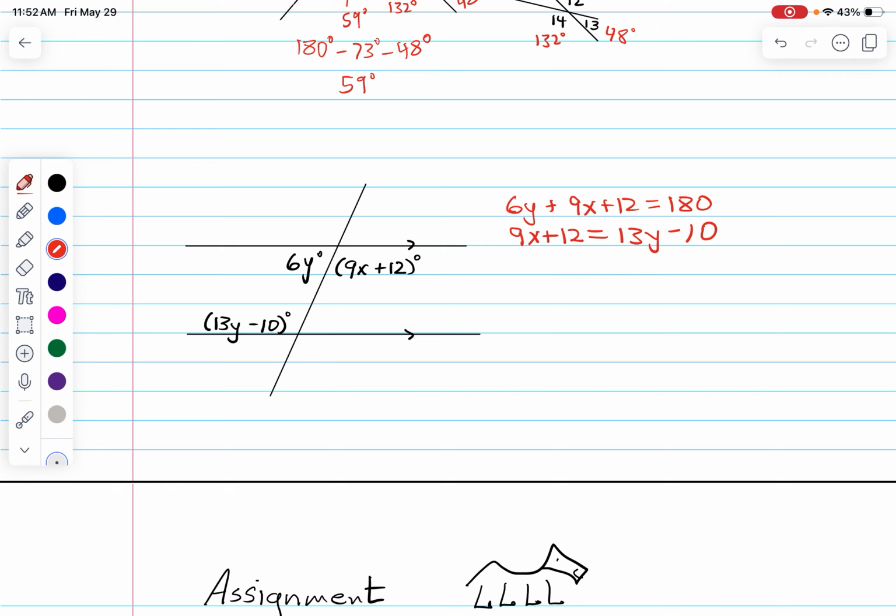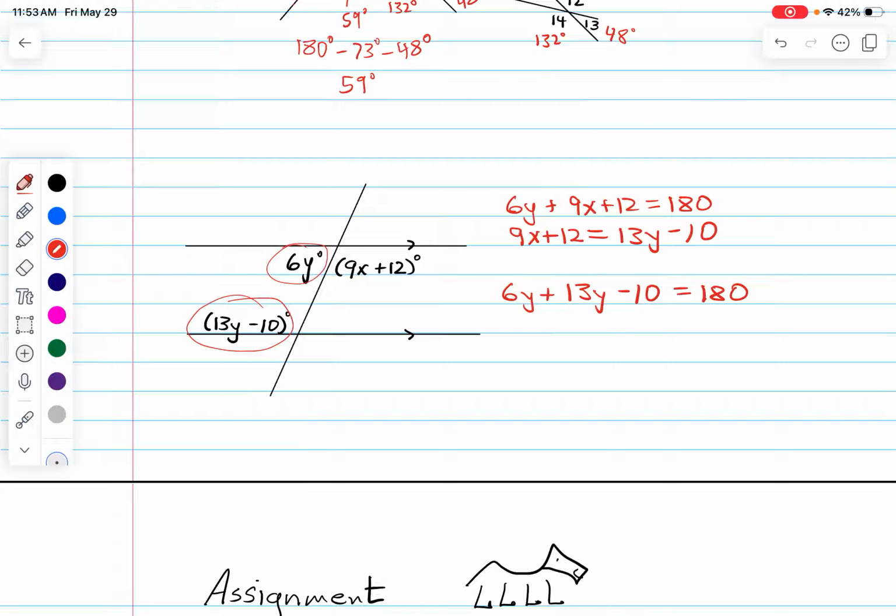Now, those are not the only properties I could utilize. I could talk about 6Y being supplementary to 13Y minus 10. I think I'll do that actually. I didn't think about that, but I know that 6Y plus 13Y minus 10 has to equal 180 because those are supplementary.